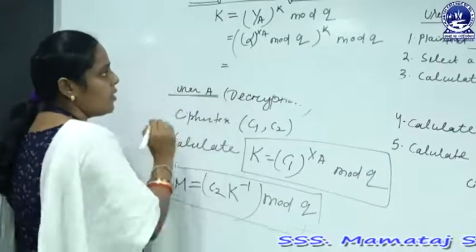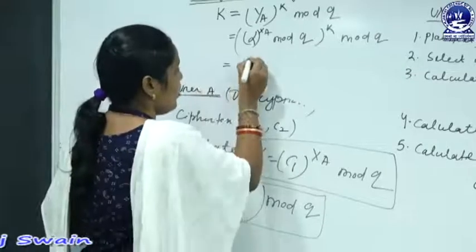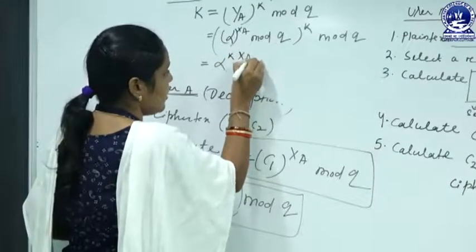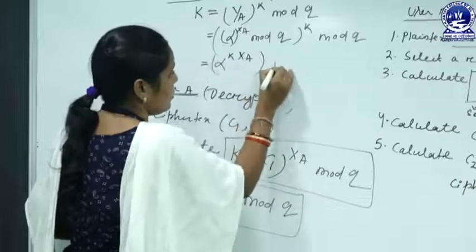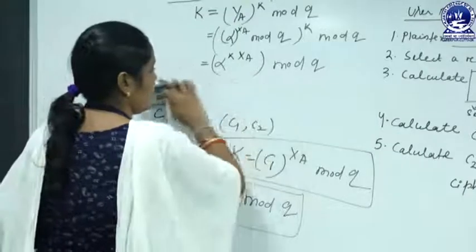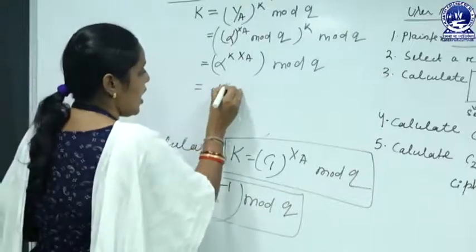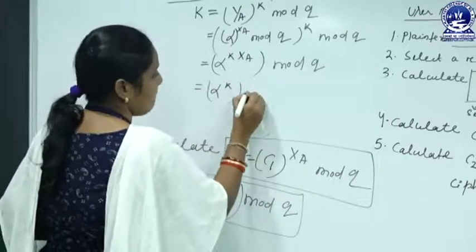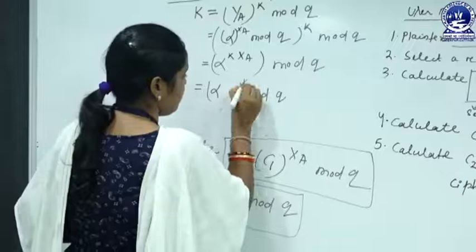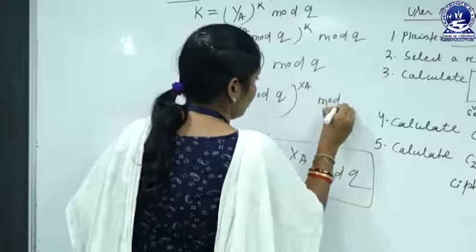Next, now use the modular arithmetic rule. That means we can write it as alpha to the power k xa mod q, which is equal to alpha to the power k mod q, then to the power xa mod q.